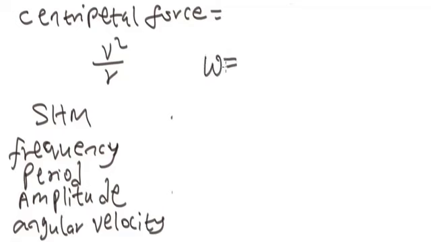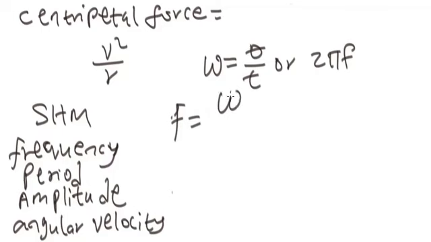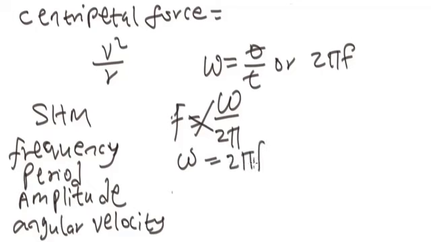That means angular velocity W equals theta over time. Angular velocity can also be calculated using 2 pi f from one of the formulas for frequency. Frequency equals W over 2 pi. So when you cross multiply, W results in 2 pi f. So that's how I got this 2 pi f. Don't be confused by it.